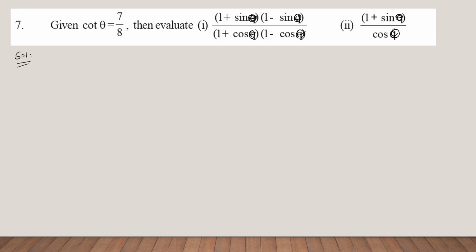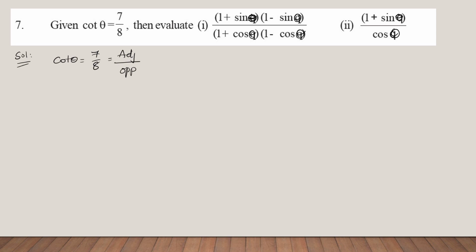Now to solve this particular question, we need to follow one particular approach. Cot theta is equal to 7 by 8. What is the definition of cot theta? Cot theta is nothing but adjacent side to theta by opposite side to theta.